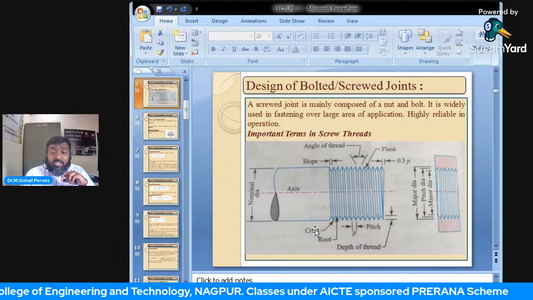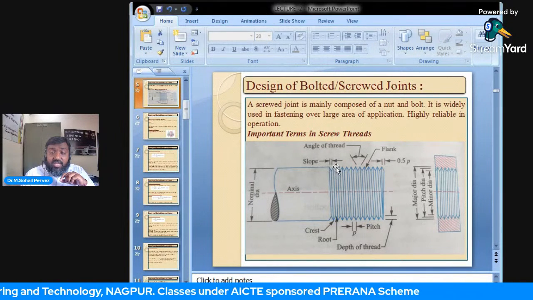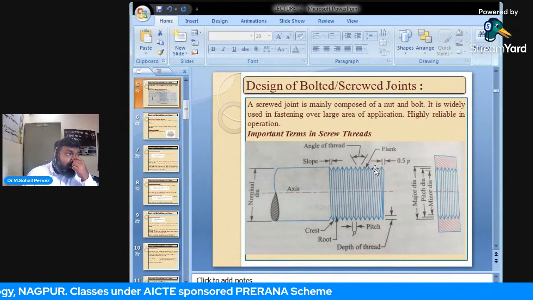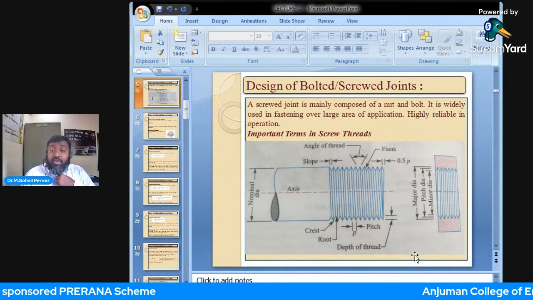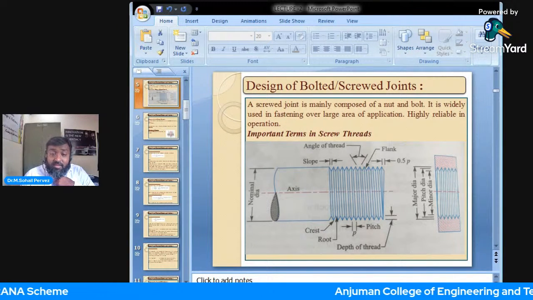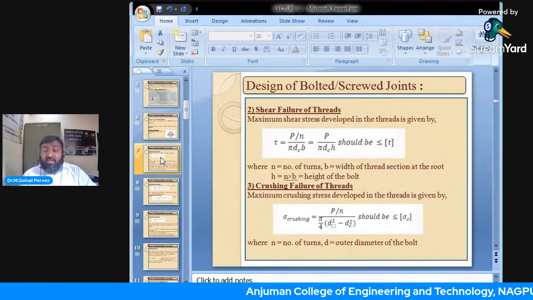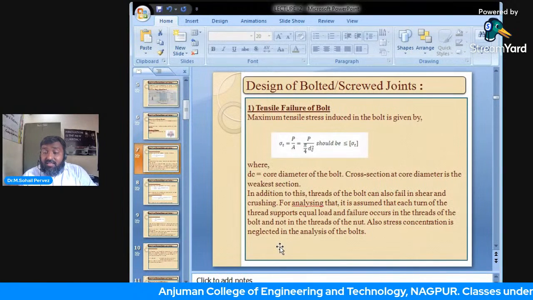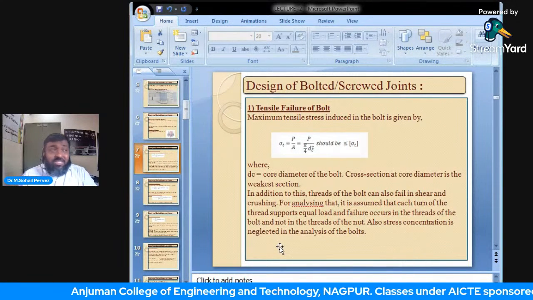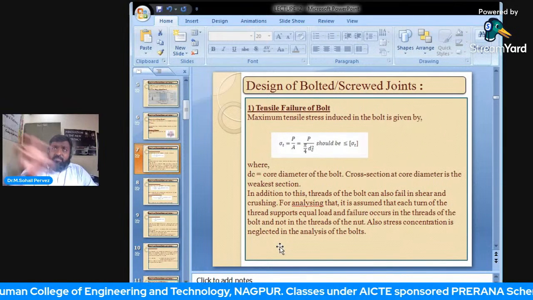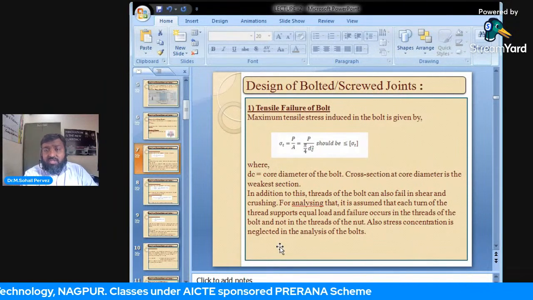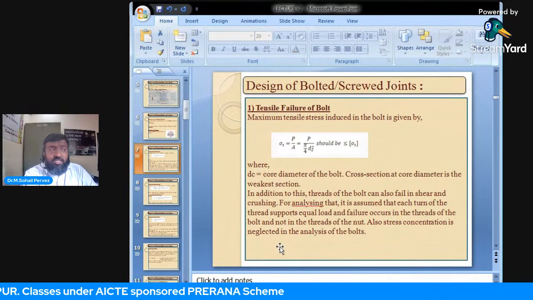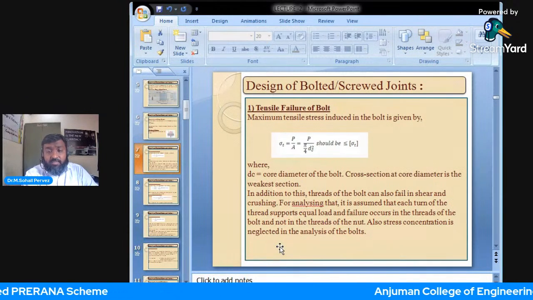Its cross section has a sudden change in material or cross section, and hence there exists a phenomenon known as stress concentration. Whenever there is an abrupt change in cross-section shape and size, there has to be stress concentration around the junction, around the holes, drill holes, around the threads, etc.